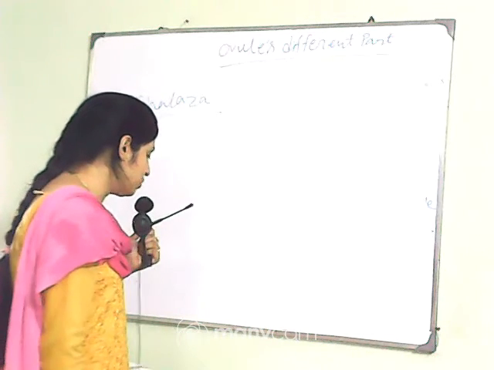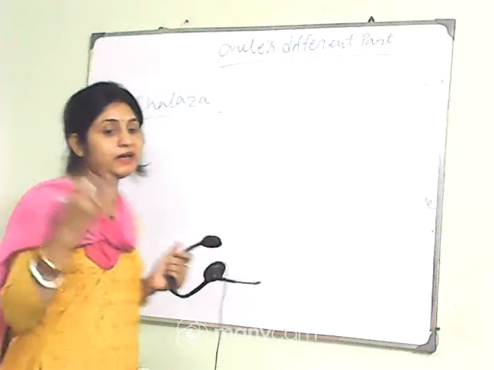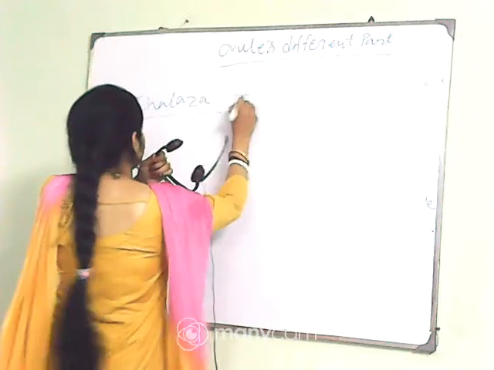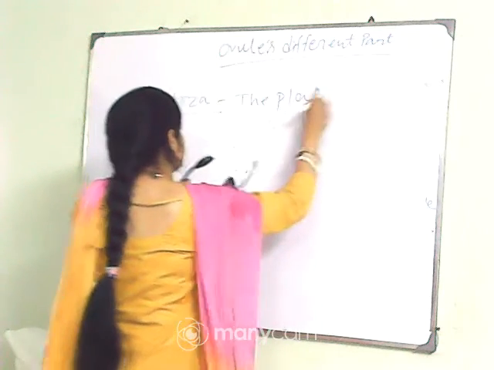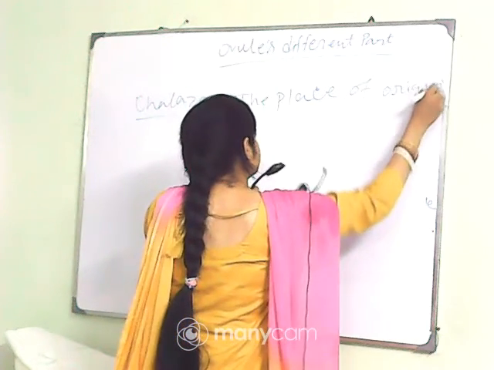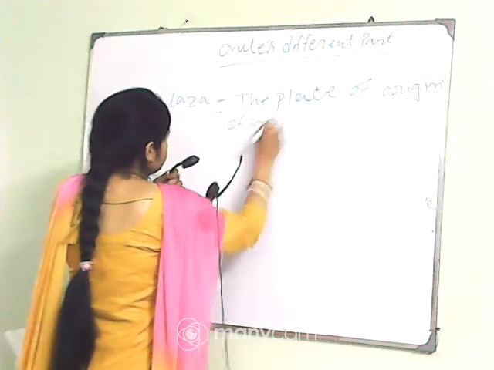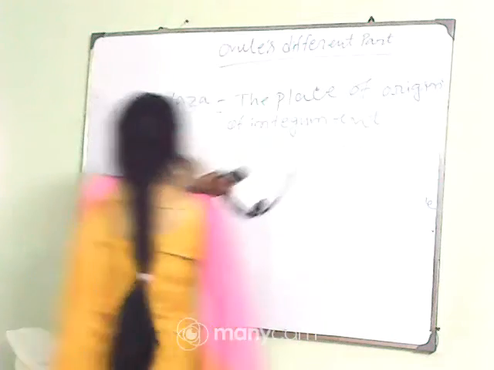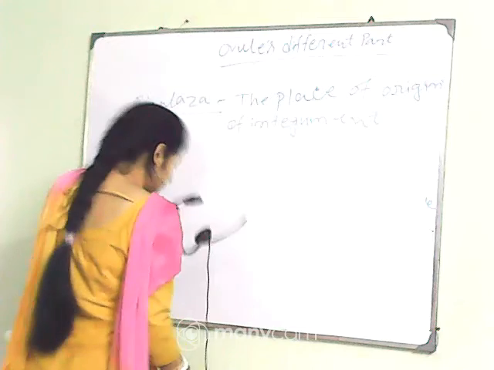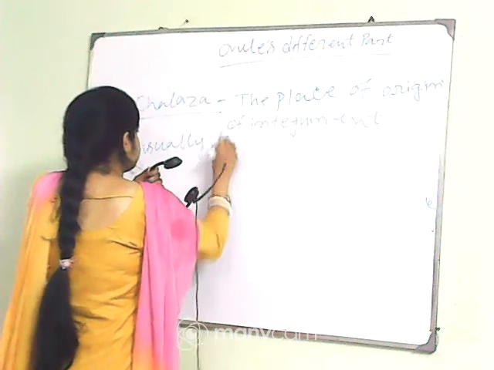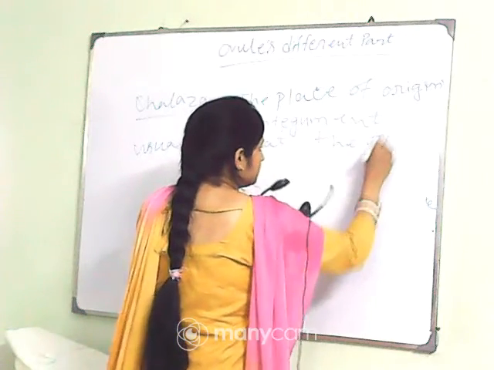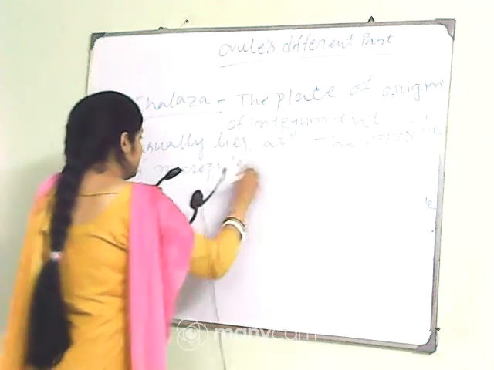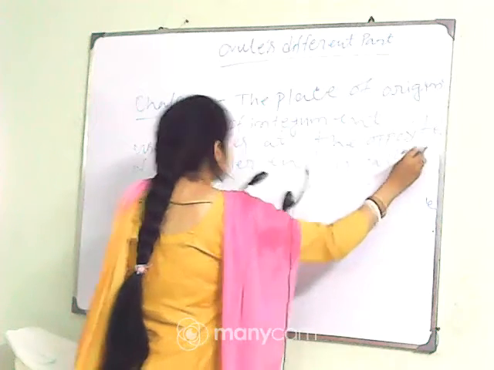The place of origin of the integument usually lies at the end opposite the micropylar end; just as the ovule arises from the placenta, the integument arises from the chalaza. That is called the chalaza.